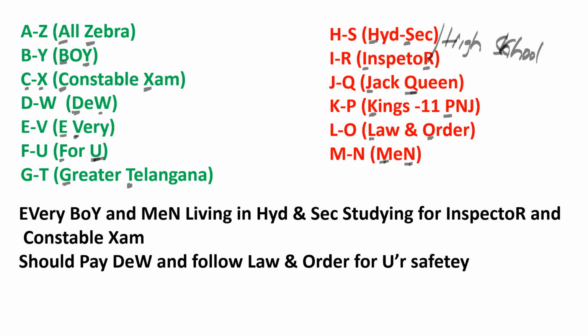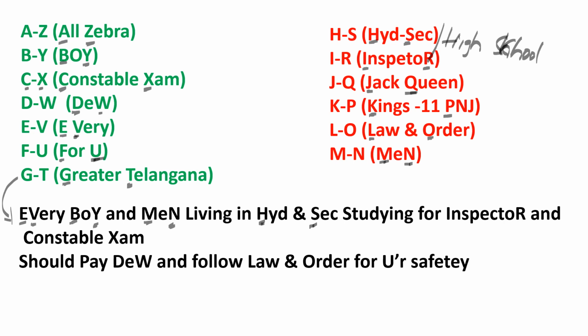Now related to these opposite pairs, we have written one statement here. That is every, EV, one opposite pair. Every boy, this is also an opposite pair. Every boy and men, this is also an opposite pair. Living in Hyderabad, Secunderabad, this is also an opposite pair.